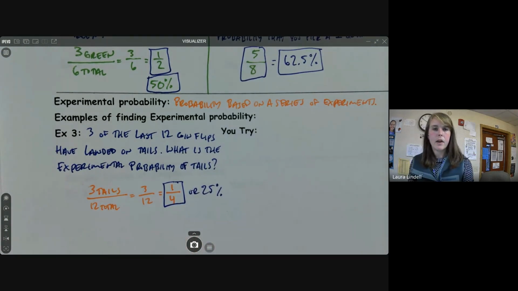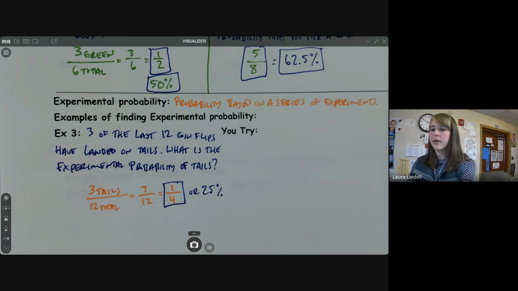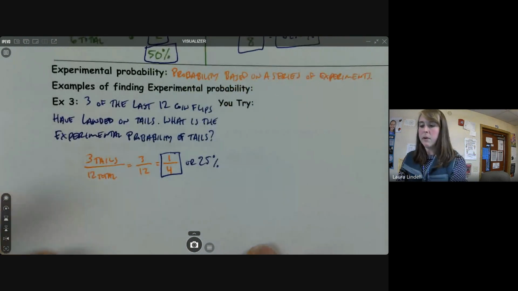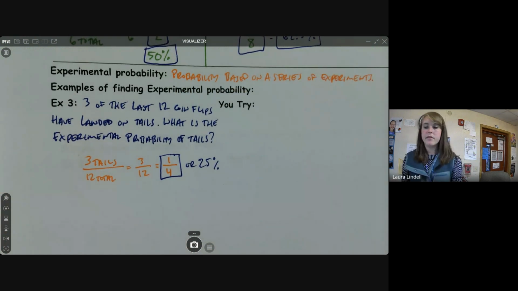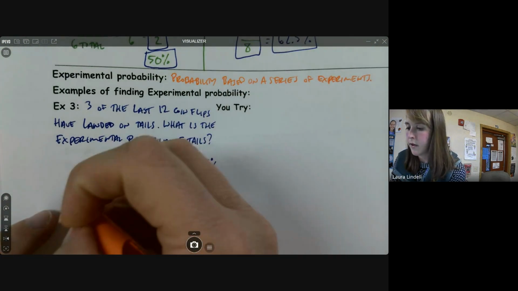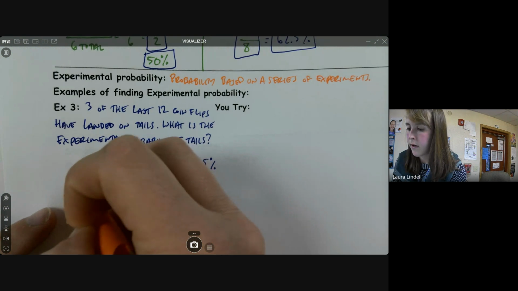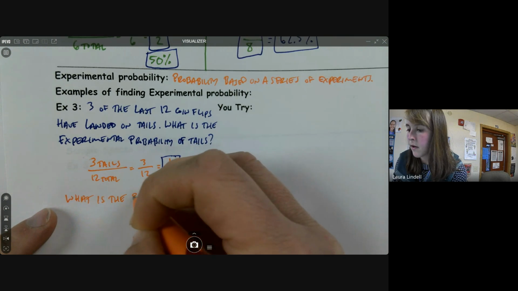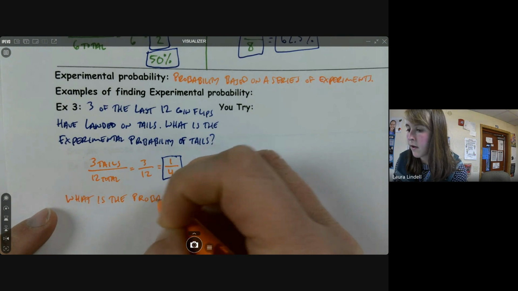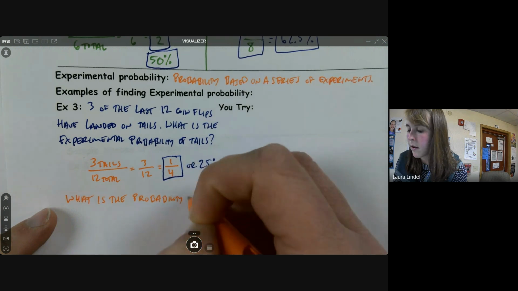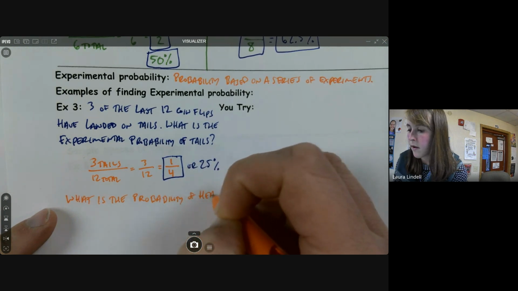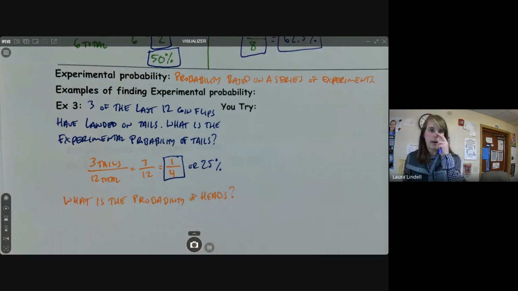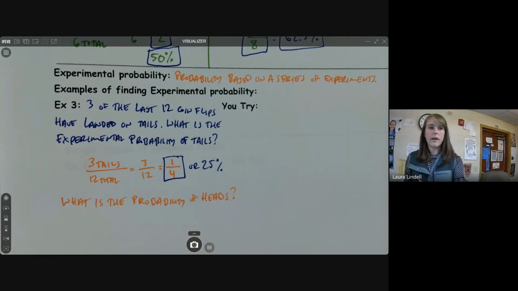All right, what if a follow-up question asked, what's the experimental probability of heads? Well, if 3 out of the last 12 landed on tails, how many landed on heads?